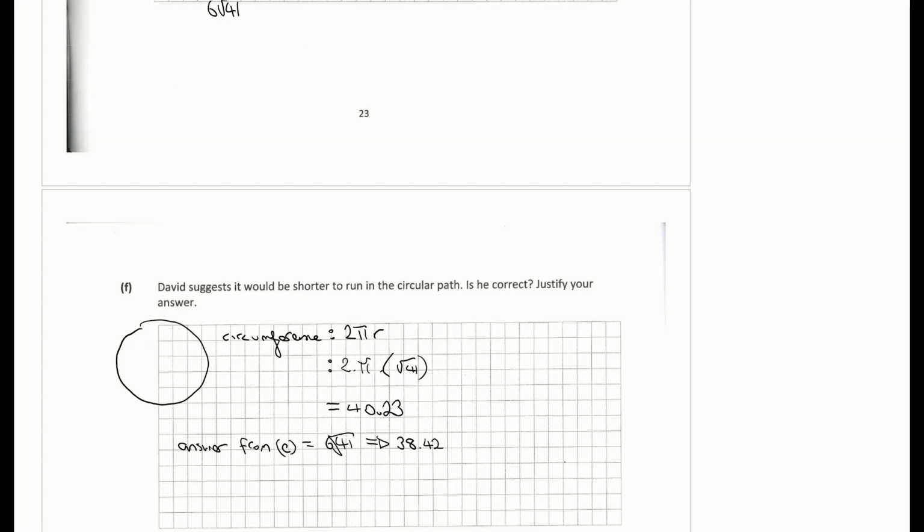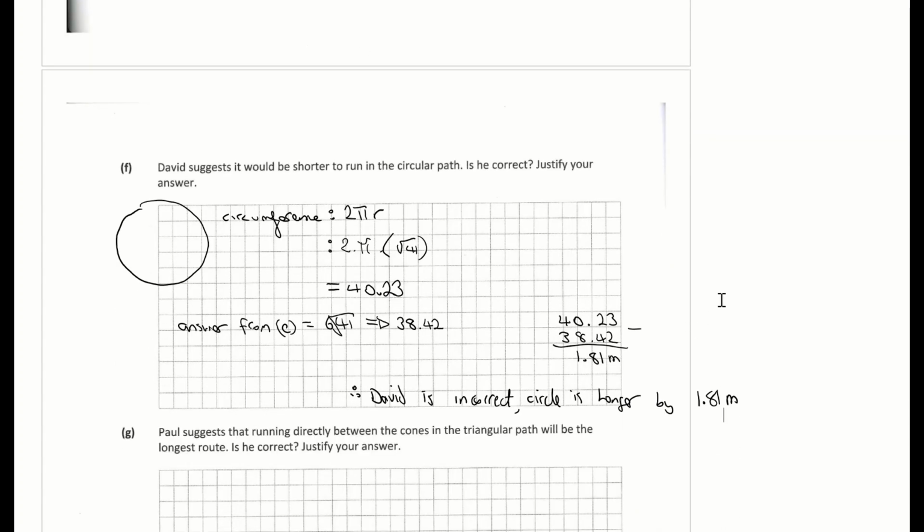I'm just going to justify my answer a little bit more. So my circle, 40.23 minus the direct route to the center, is giving me 1.81 meters. So therefore, I'm just going to state that David is incorrect.